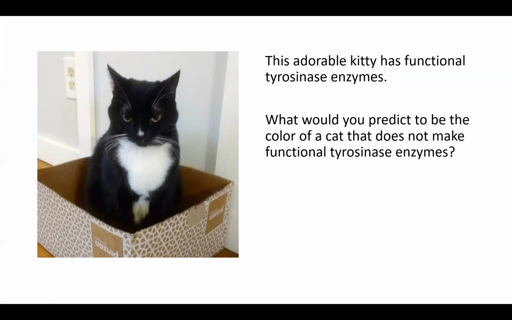I want you to take a moment and think, what would it look like if a cat had a non-functional tyrosinase enzyme? And if you guessed that the cat would have no color because the biochemical pathway would not be able to function, you are correct.